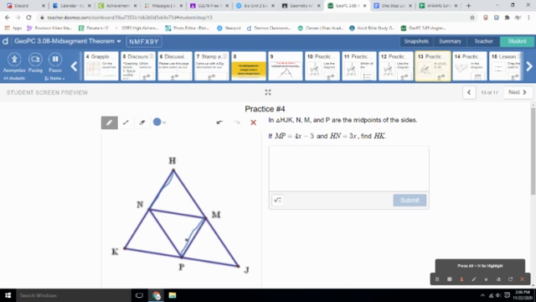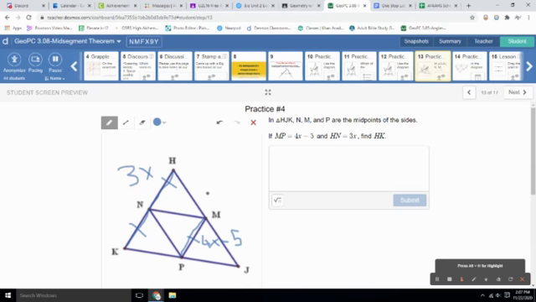Okay, so first let's find all the sides that are parallel to this one, which is this one over here also. Okay, it says that this one is 4x minus 5, and this one is 3x.